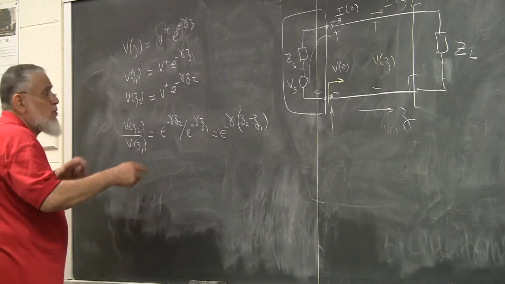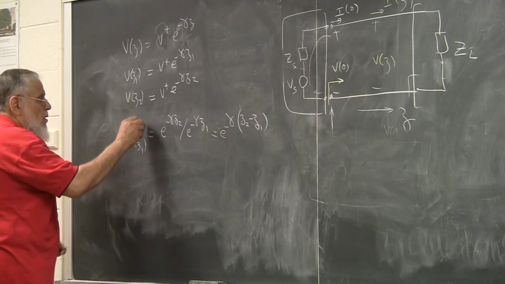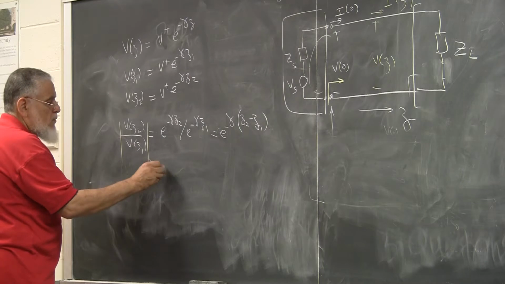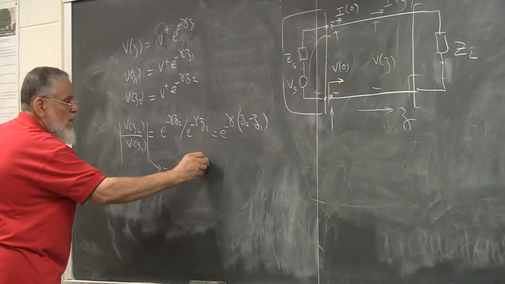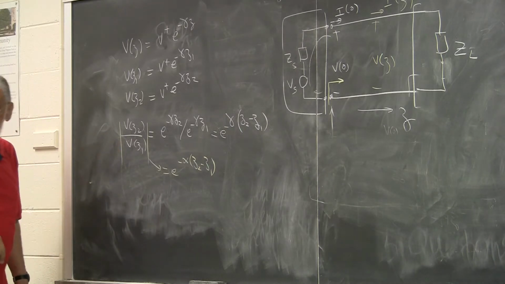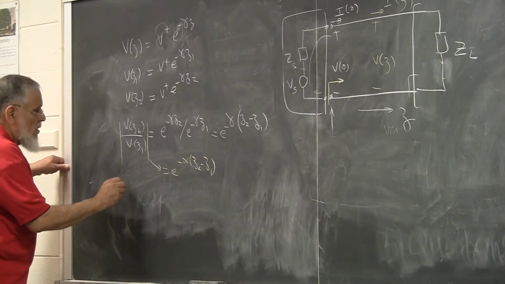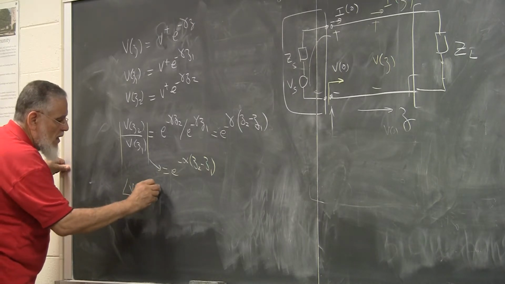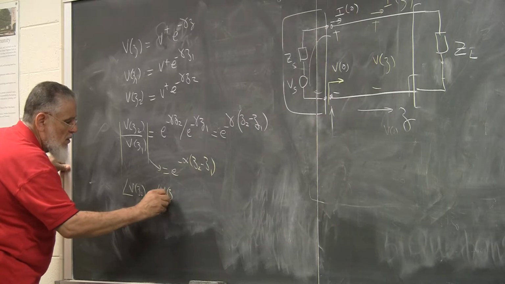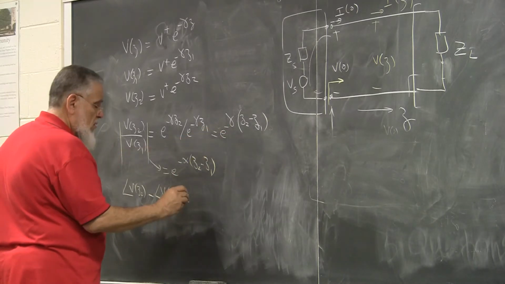You can play all sorts of games here. Magnitude-wise, that gives you e to the minus alpha (Z2 minus Z1). That shows you how much the signal attenuated. If you want to talk about phase-wise, the angle of V of Z2 minus the angle of V of Z1 is equal to, the angle is what?